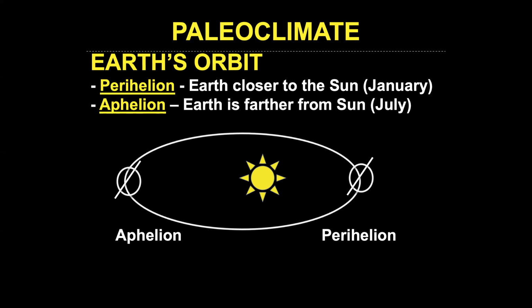This is obviously exaggerated just to give you a sense of where things are. This right here is meant to highlight the tilt of the Earth. In January, the Northern Hemisphere is tilted away from the sun. That's our winter. And in summer, we're pointed toward the sun. That is our summer.